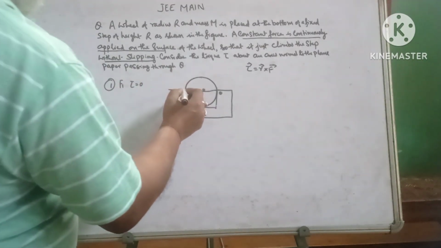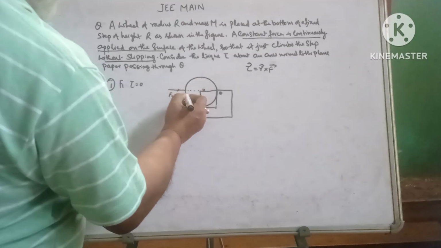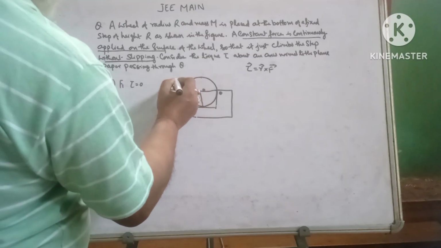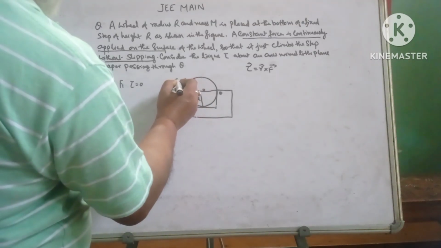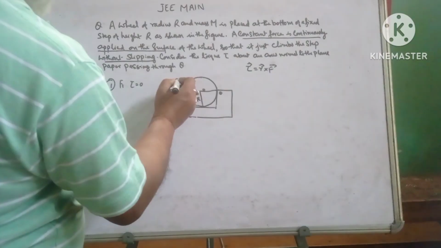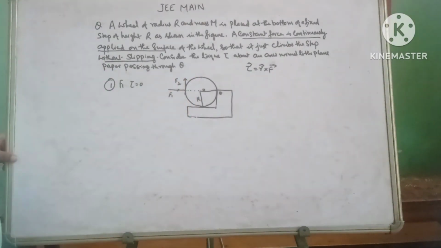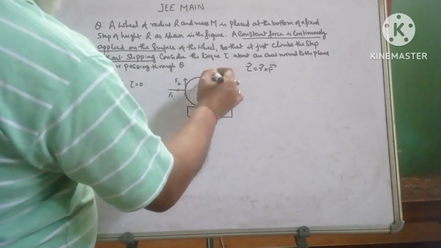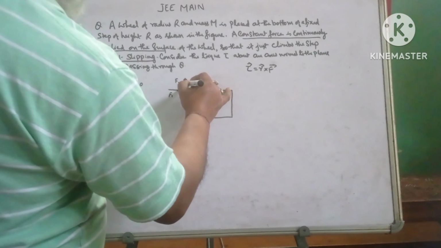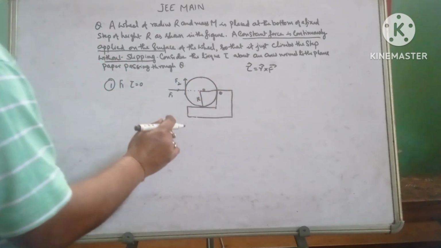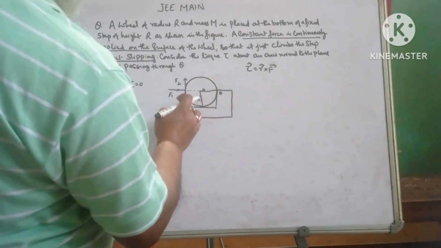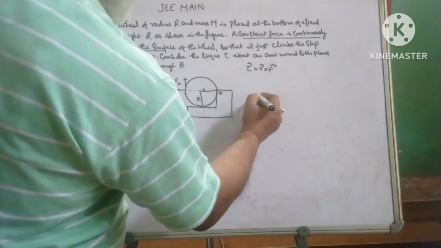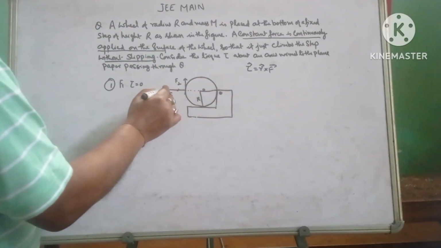And now you apply this force perpendicular to this. Let this be F2. You are applying it continuously. That means when you apply this force continuously, the torque for the first force is zero.